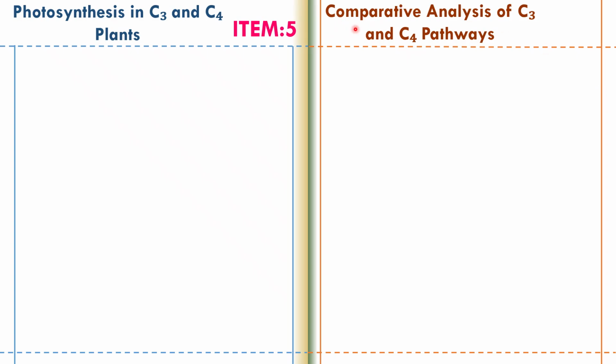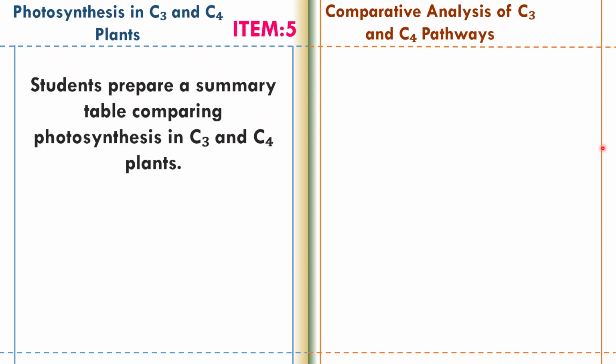We are still in photosynthesis in C3 and C4 plants. Item 5. Emphasizing on comparative analysis of C3 and C4 pathways. Students prepare a summary table comparing photosynthesis in C3 and C4 plants.